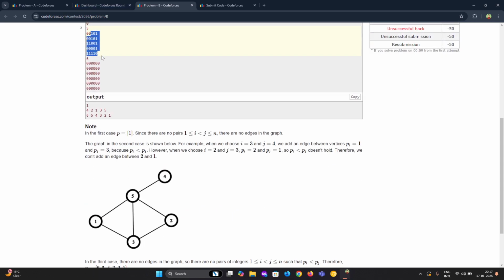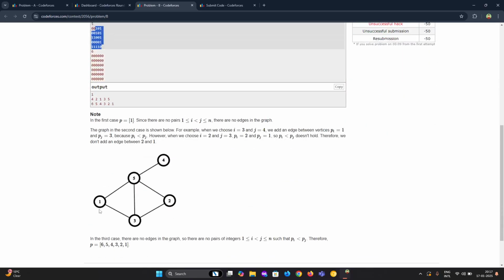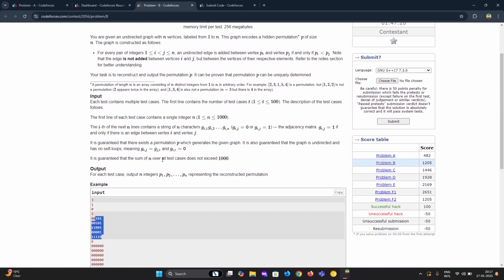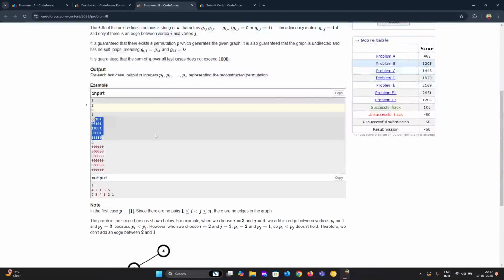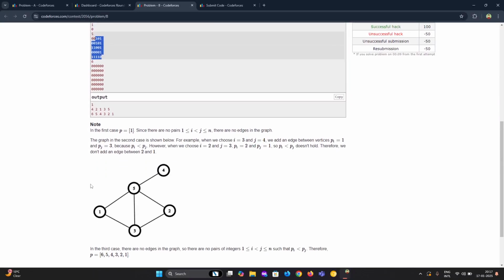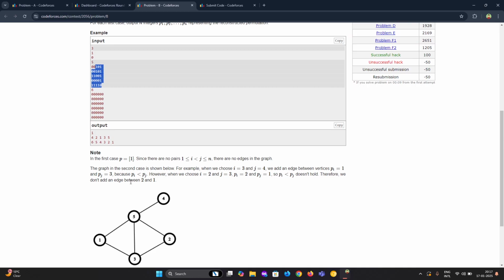So we're given this graph, we can construct this out of this, and there is only an edge between, let's say, 1 and 5 if 1 is less than 5, of course, and i is less than j. So in the final permutation, 1 should come before 5, right?